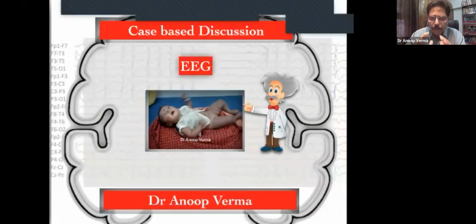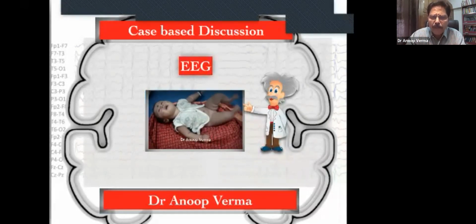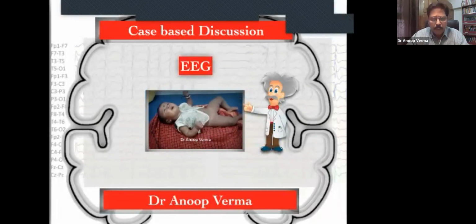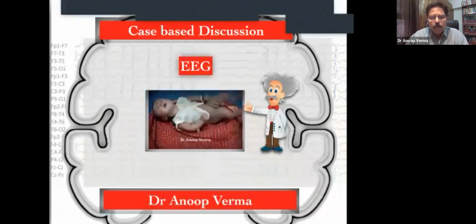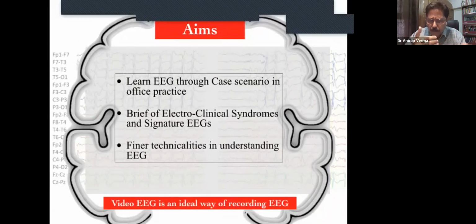Therefore, it is very important that not every movement is seizure and not every movement requires an EEG tracing. So the aim of this talk is to learn EEG through case scenarios, especially focused on office practice, and I will give a brief of electroclinical syndromes, and that is very, very important. First comes the clinical and then comes the electro.